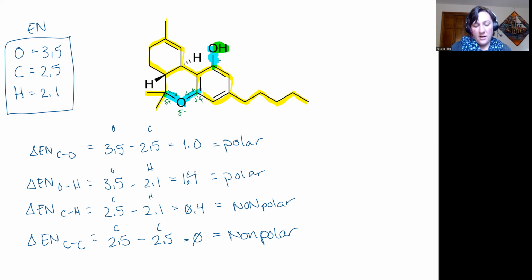And then same here, I've got this partially positive carbon and a partially negative oxygen. And then the oxygen-hydrogen bond, which is abbreviated here, that hydrogen is partially positive, and there's a little dipole arrow there. So it looks like I have a region of this molecule that's polar here and polar there. So I have these 2 small regions of polarity.